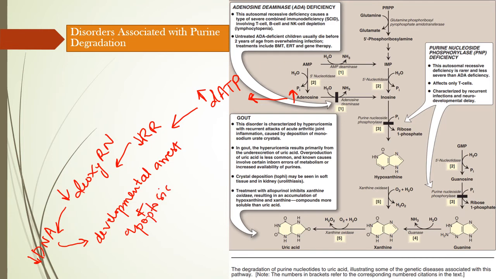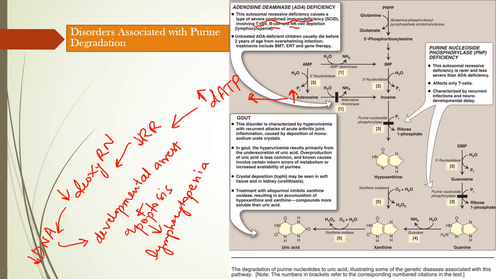There is programmed cell death of lymphocytes, ultimately leading to lymphocytopenia. The lymphocytes depleted in this condition may involve T cells, B cells, or natural killer cells, and ultimately this leads to severe combined immunodeficiency disease, or SCID.